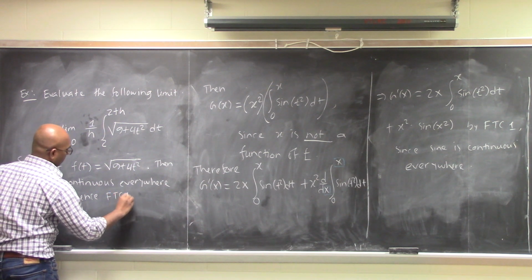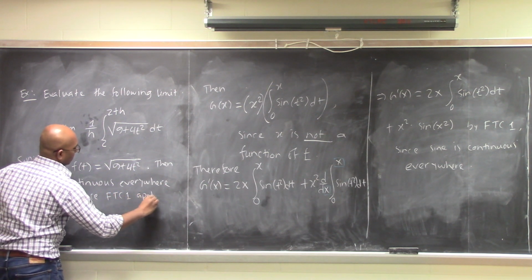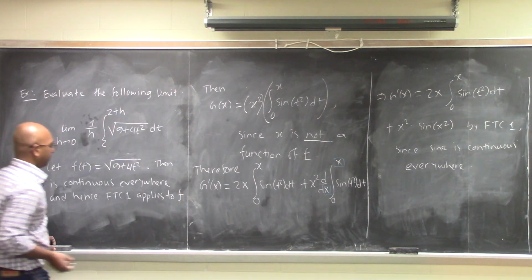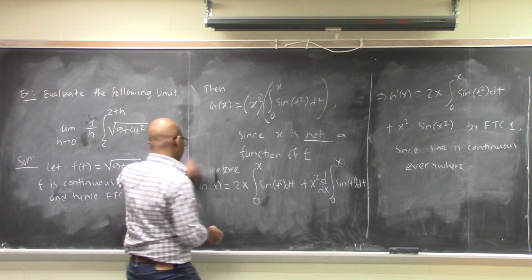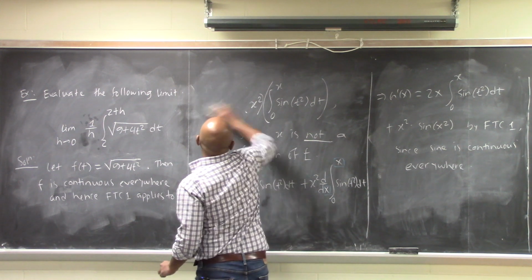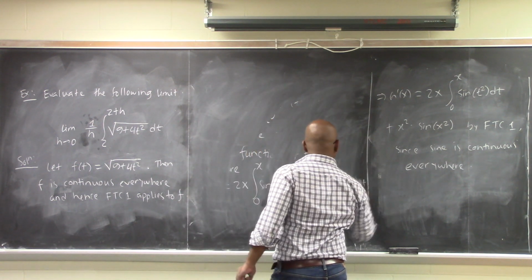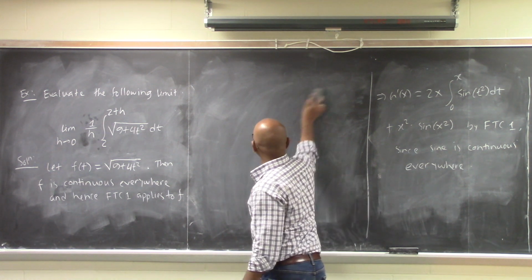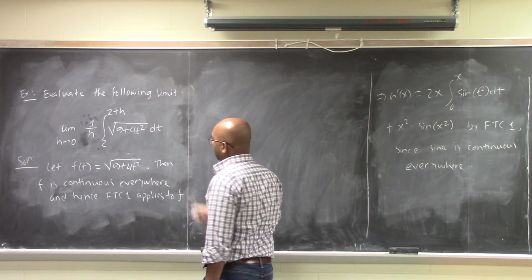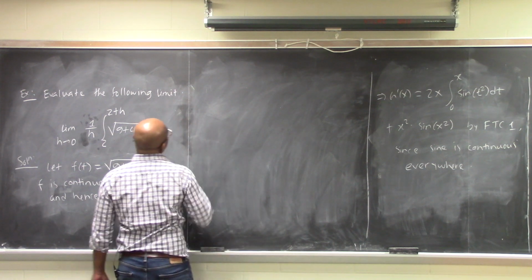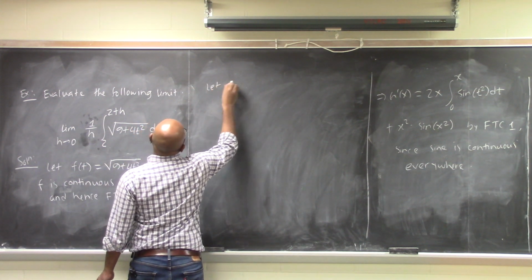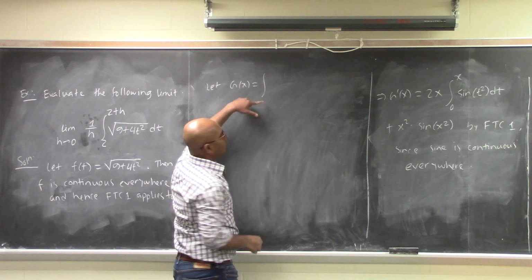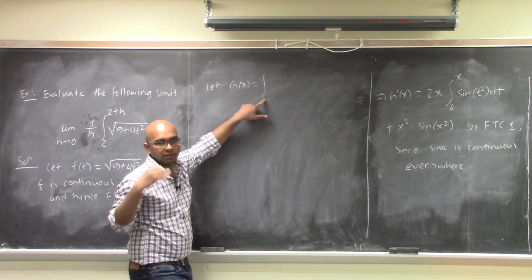FTC 1. Actually, both of them apply to f. I'm just writing FTC 1 because we are dealing with FTC 1 now. All right, now we need to define this function. Let g be this function. We need to start from a point, a constant, a fixed point, a base point.